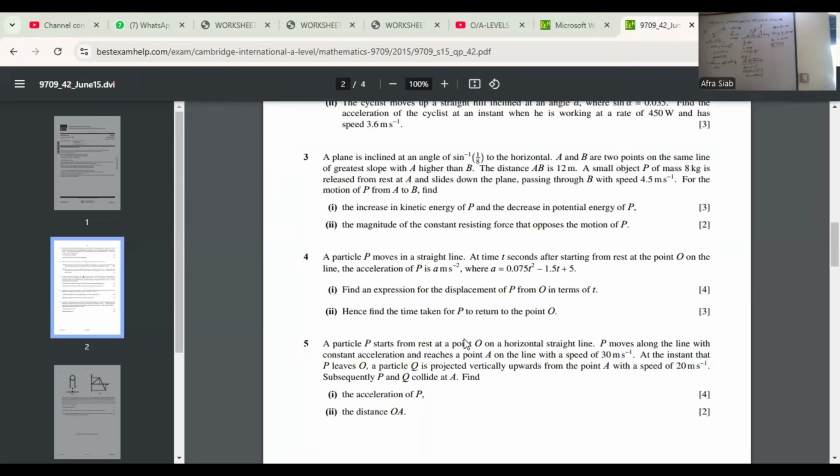A particle P moves in a straight line at t seconds after start from the rest at the point O. On the line, the acceleration of that particle P is a meters per second square, where a is equal to 0.075 t square minus 1.5 t plus 5. Find the expression for the displacement of this particle P from O in terms of t. Hence, find the time taken for this particle P to return to this point O again.